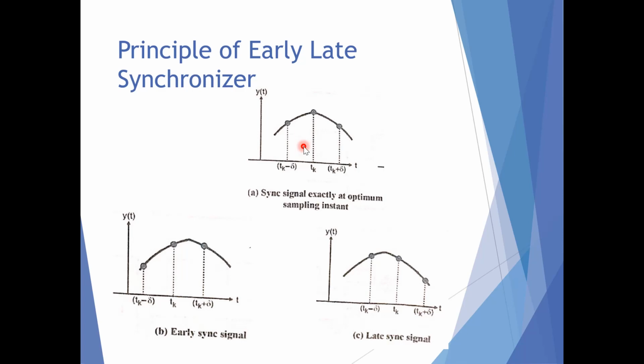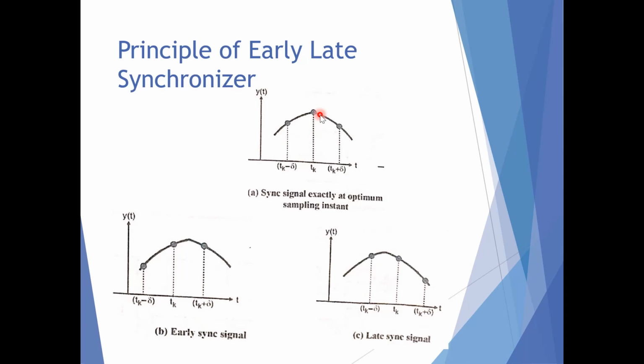It operates on the principle that a properly filtered digital signal has peaks at the optimum sampling times and that the filtered signal is reasonably symmetric on either side. Here we can see Tk, the optimum sampling instant at which the signal amplitude is maximum.